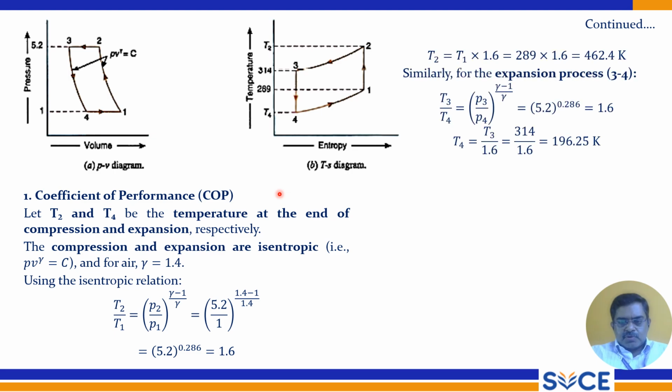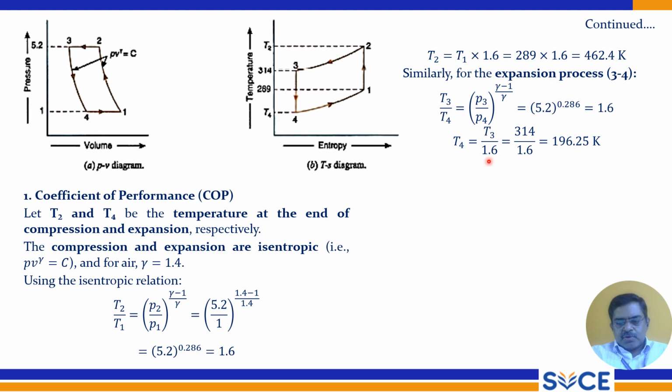So T2 can be found out. T1 into 1.6 equal to 289 into 1.6, that is equal to 462 degree Kelvin. So that is T2. And now T3 divided by T4 equal to P3 by P4, it is during expansion process 3 to 4, and gamma minus 1 divided by gamma is the power, equal to 5.2 to the power 0.286, that comes 1.6, and T4 can be computed from this 1.6 value.